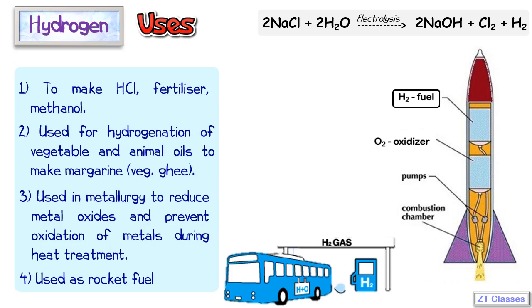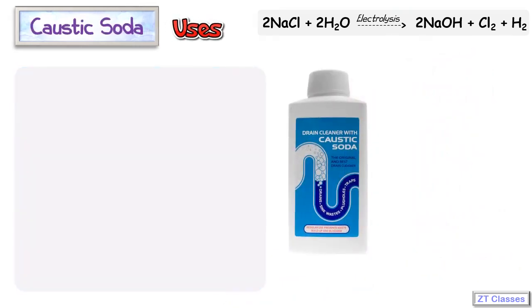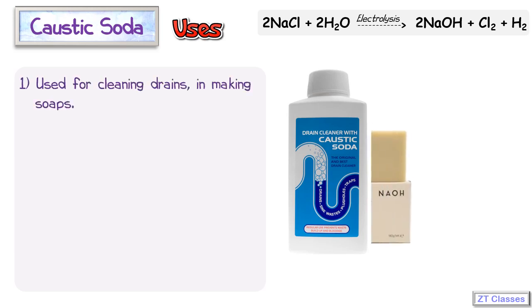The next in the list is caustic soda or NaOH. Caustic soda is highly alkaline or basic in nature and thus used to make soap. It's also used for drainage clearance.